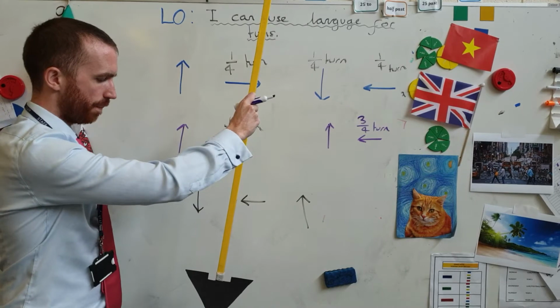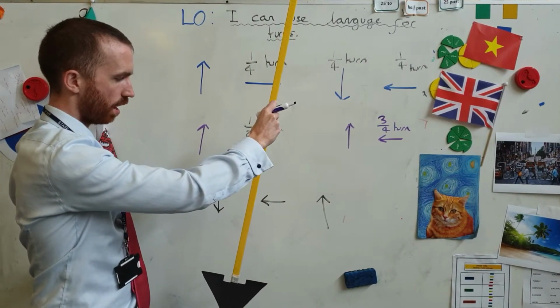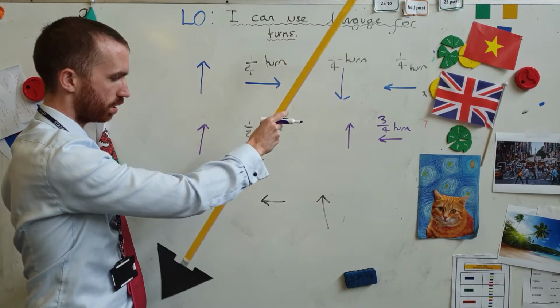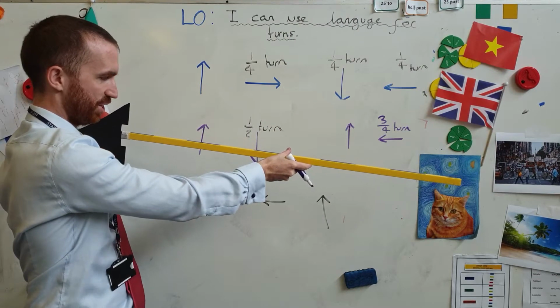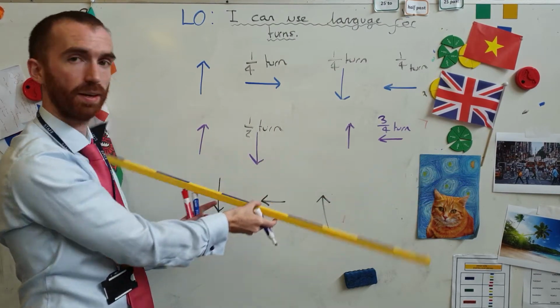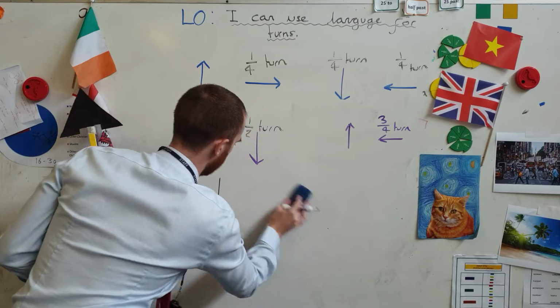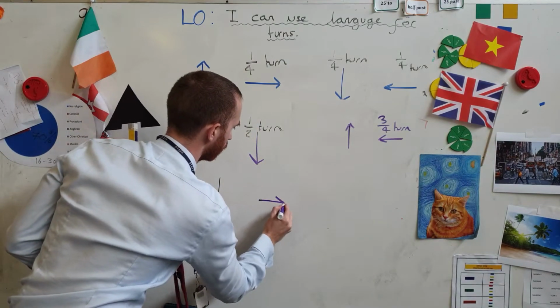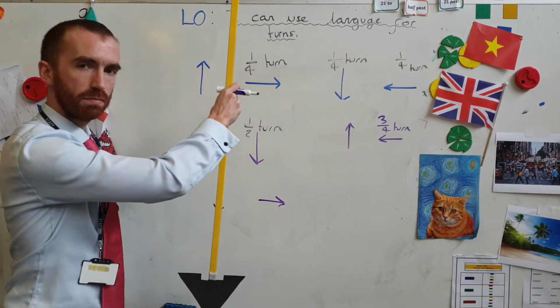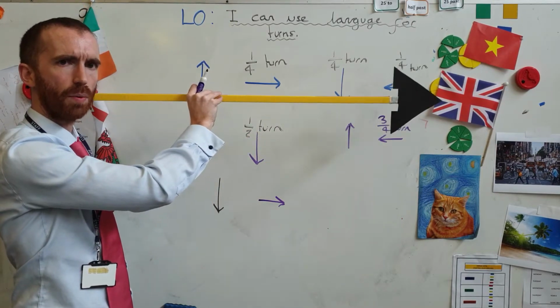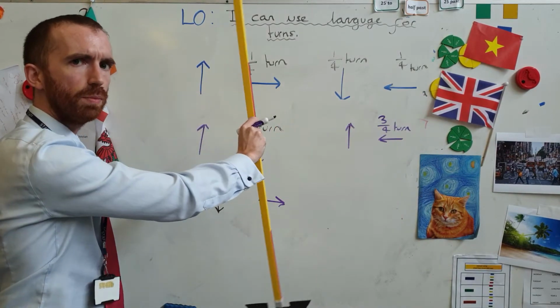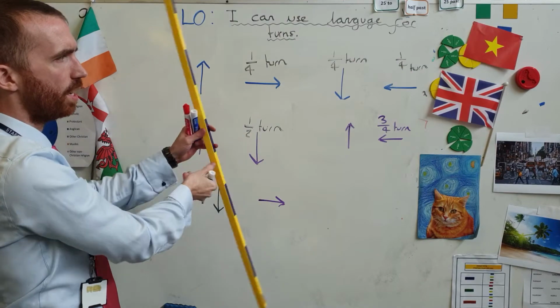This time, I started here, and I actually went here, which is no different. That's still a quarter turn. I drew it wrong. This is what I wanted. Okay. I started here. This time I went that way. Now normally I've been going this way around.